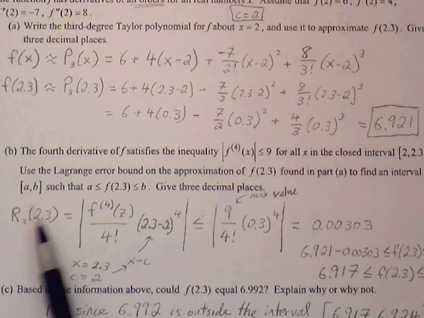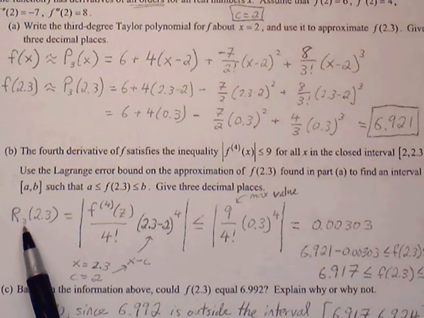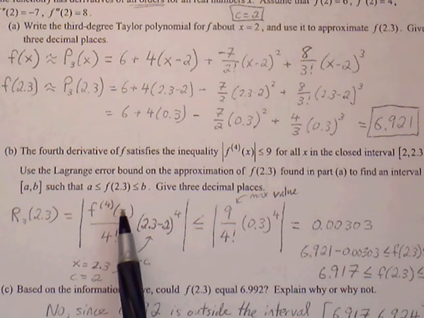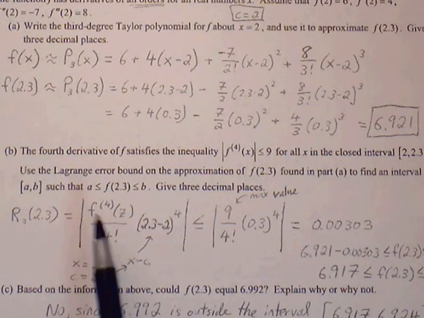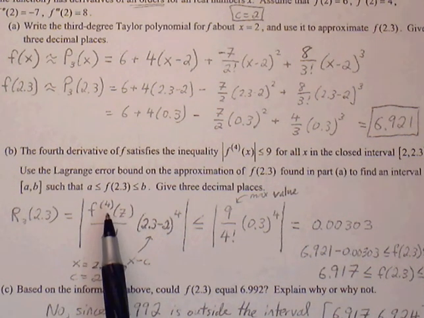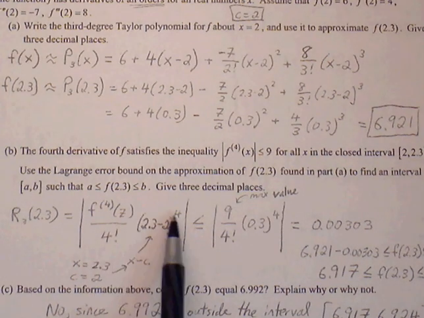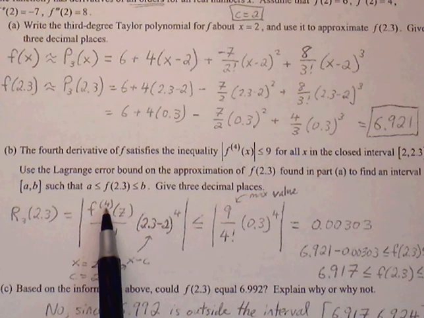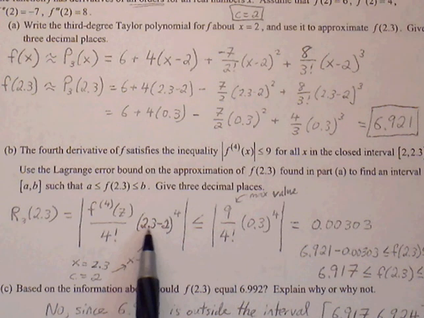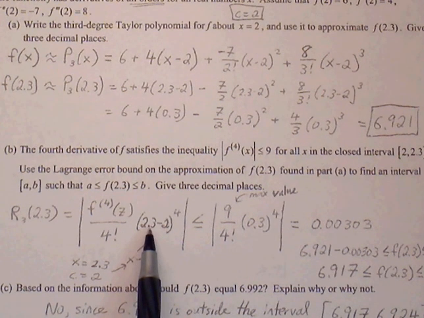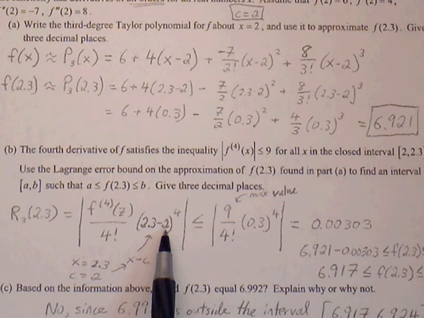Now, because our n value is 3, we know that with Lagrange error bound, we're always dealing with the first unused term. So if this is 3, all these values will be pushed to n plus 1, or in this case 4. So the fourth derivative evaluated at z over 4 factorial times (x minus c), 2.3 being the x, the c value being the 2, and then the n plus 1 is 4.